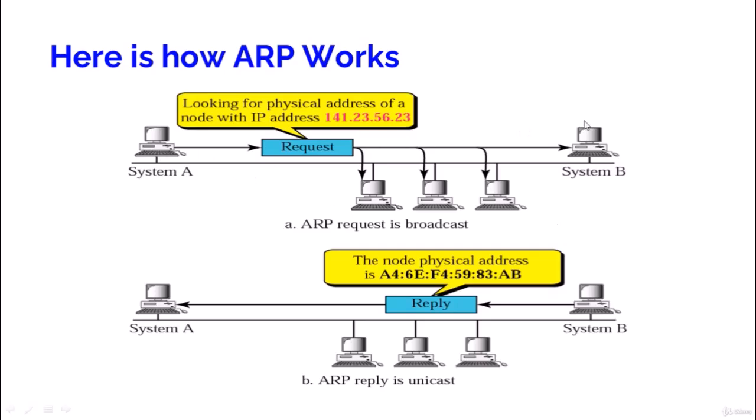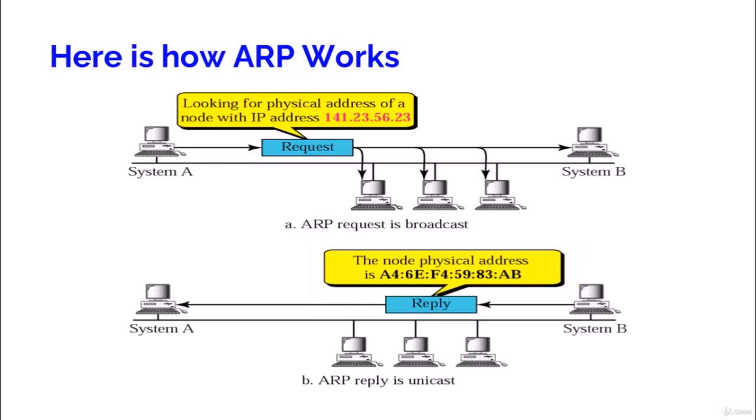As you can see in the first picture, System A has sent a broadcast message to each and every computer on the network. System B finds a match because System B's IP address is 141.23.56.23. So B says, hey, it's a match, and therefore B replies to A's broadcast message with its own MAC address.